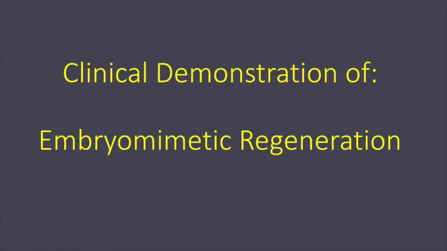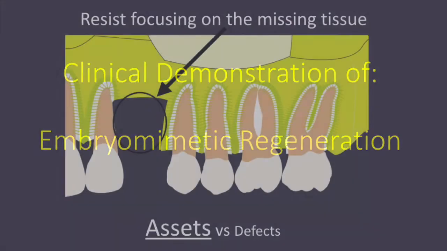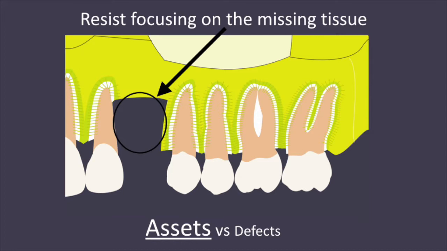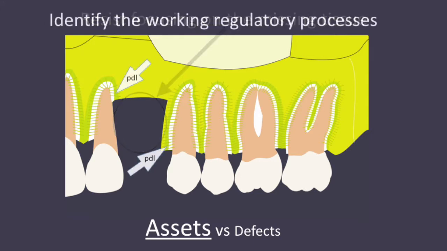So the first lesson is to examine the defect from the standpoint of not what the anatomical loss or defect is, but what are the intact aspects of the regulatory and structural system.